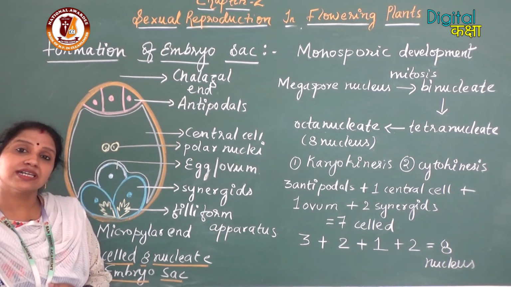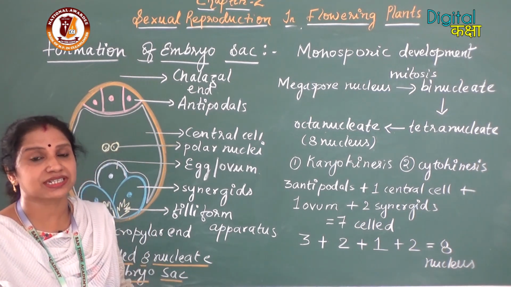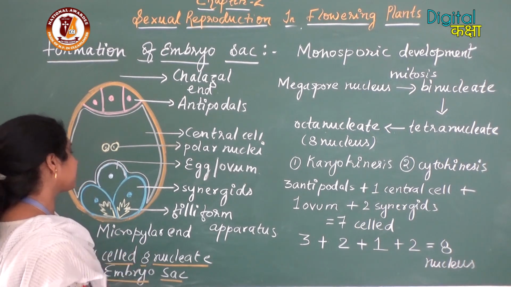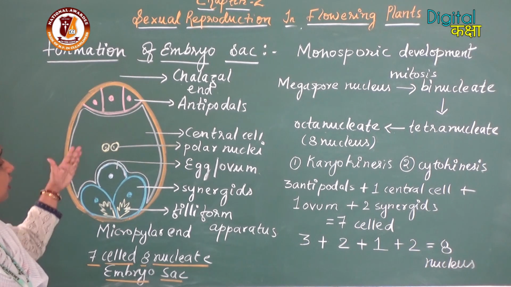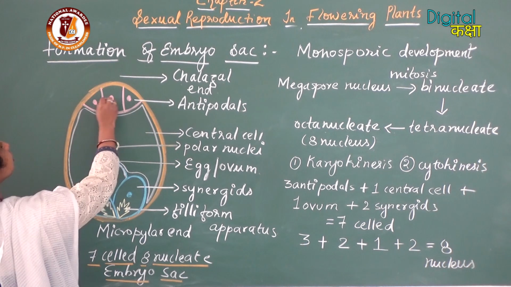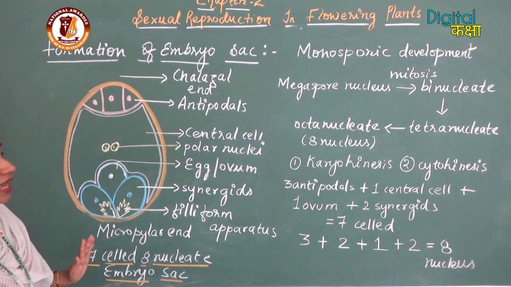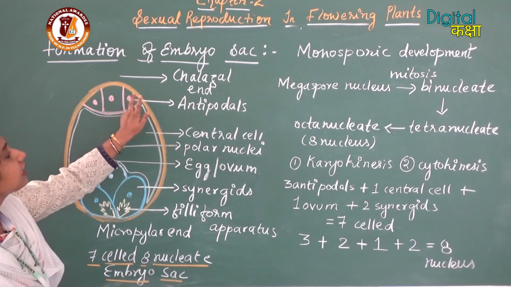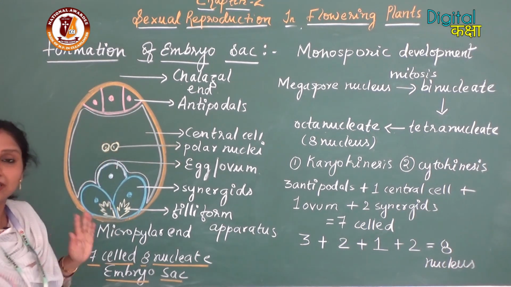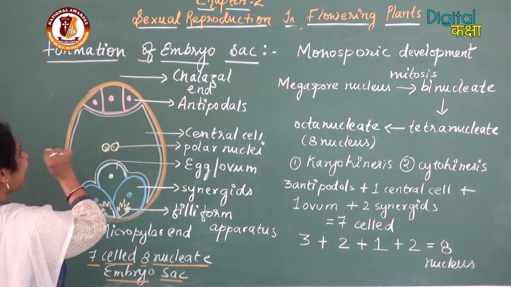Now after the migration of the nuclei to their respective positions, the formation of the cell wall will take place. Here you can see that the cell wall has been formed. 3 nuclei were present, so the cell wall is formed between them, which resulted in 1, 2 and 3 cells. In the center, the 2 polar nuclei have a cell wall formed around them.